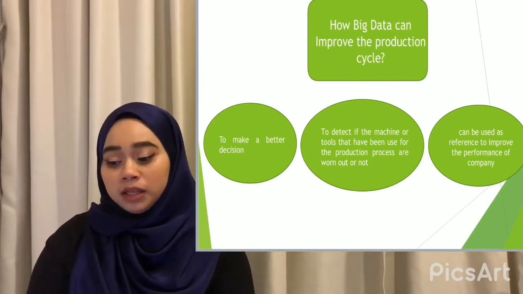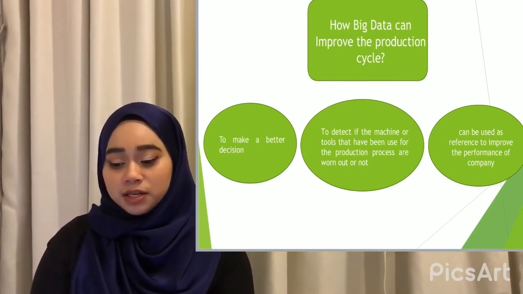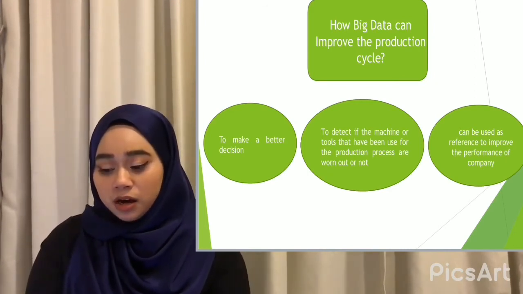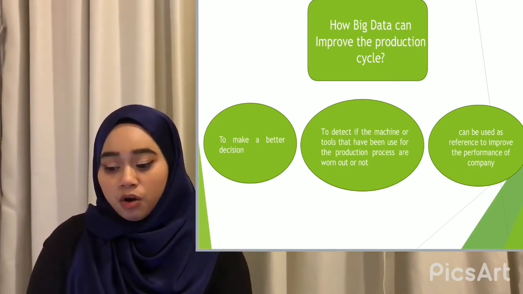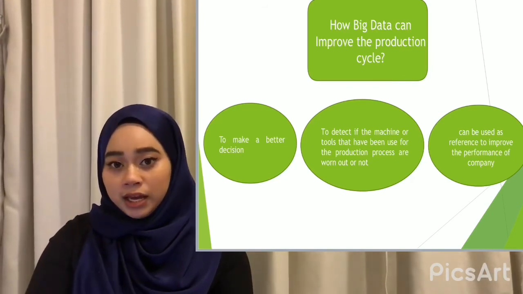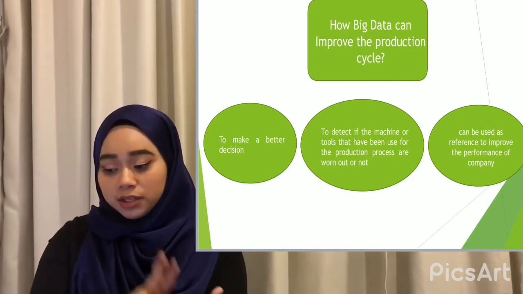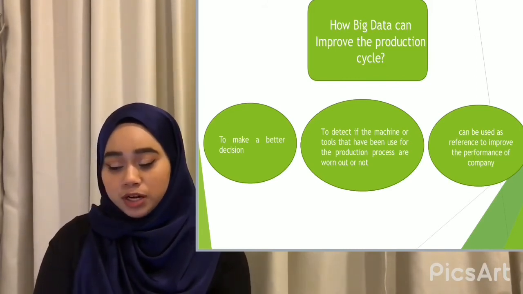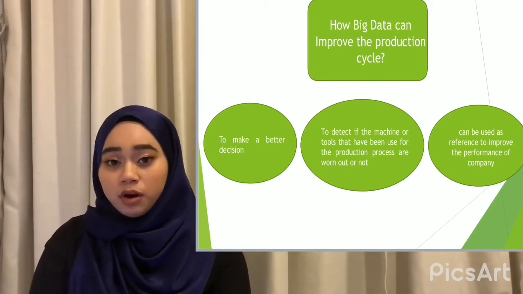It can make the employee make better and faster decisions using data that previously was inaccessible or unusable. So the second one is to detect if the machine or tools that have been used for the production process worked out or not.